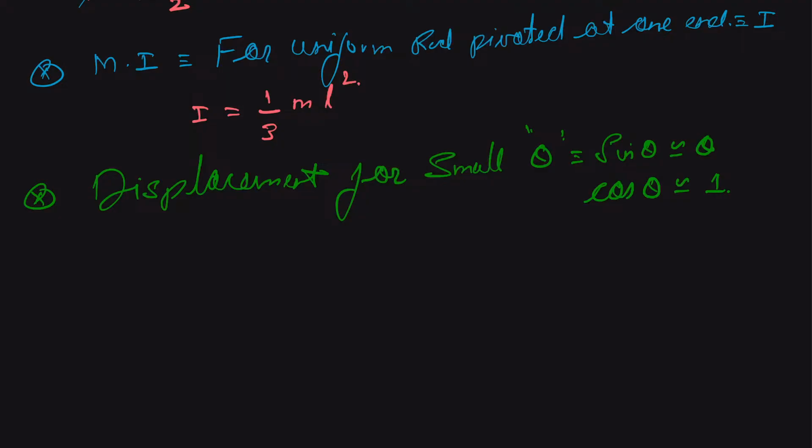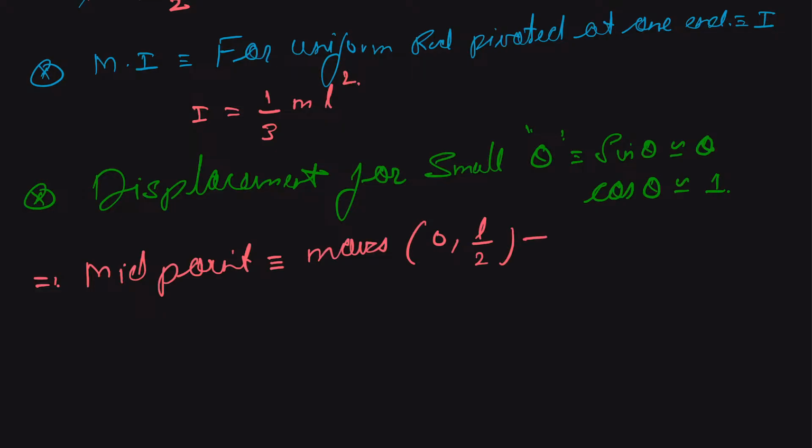Based on this we can say that our midpoint moves from 0, L by 2, and the new coordinate will be L by 2 sine of theta and L by 2 cos of theta.